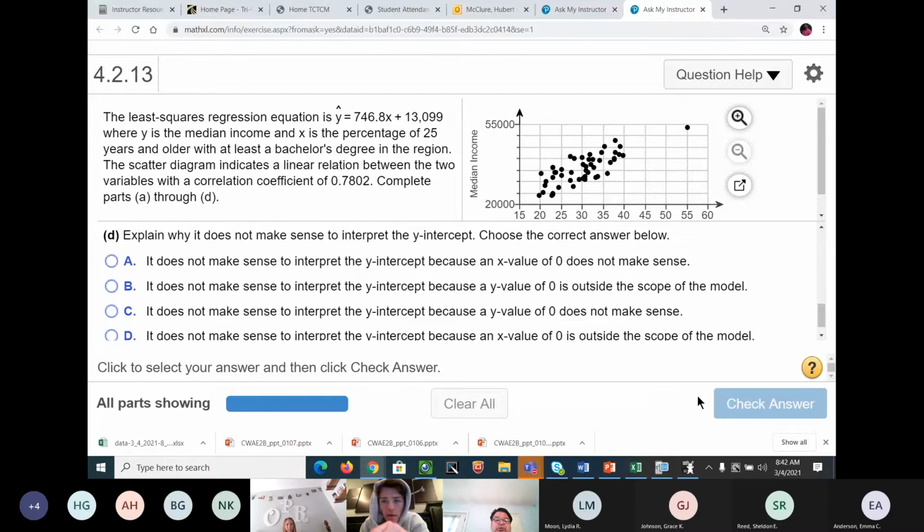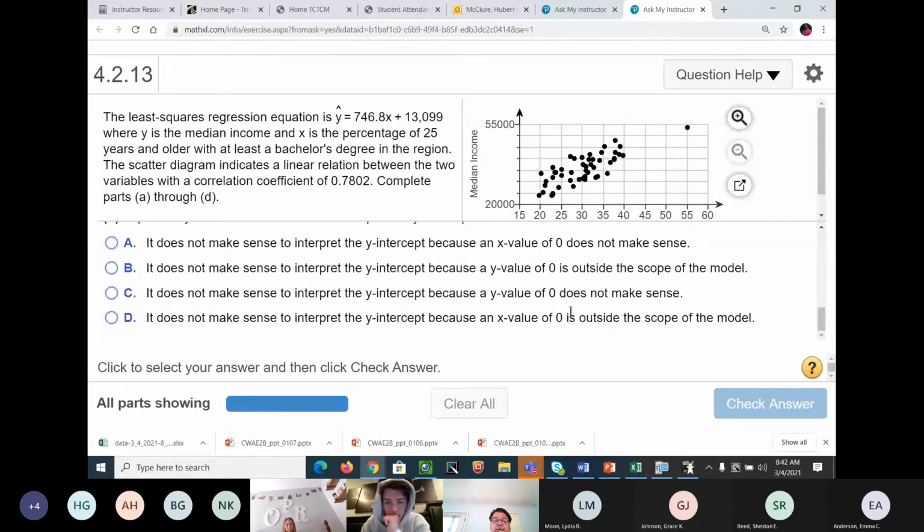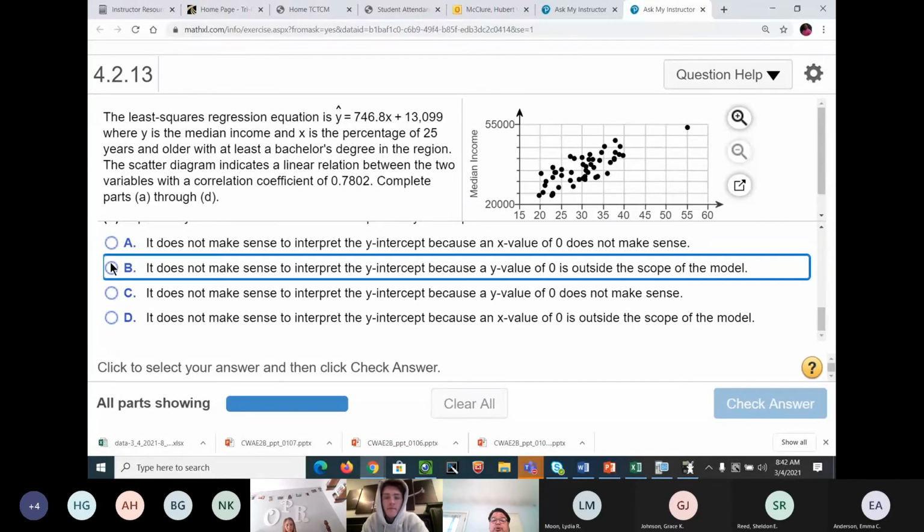It does not make sense to interpret the Y-intercept because the Y value at an X value of 0 is outside the spectrum. Where does this chart start? It starts at 20,000. So 13 would be down here. See what I'm saying? So that should be it.